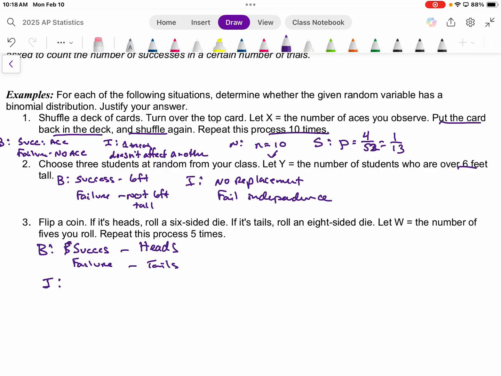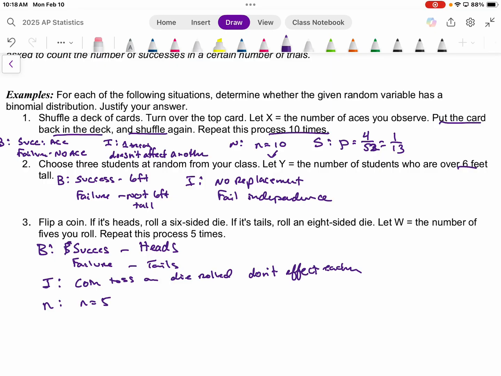No. So a coin toss and a die roll don't affect each other. All right, so number of trials, yes, we said n is equal to 5.